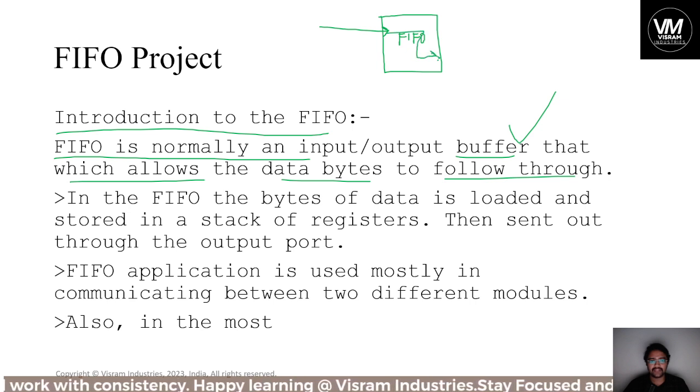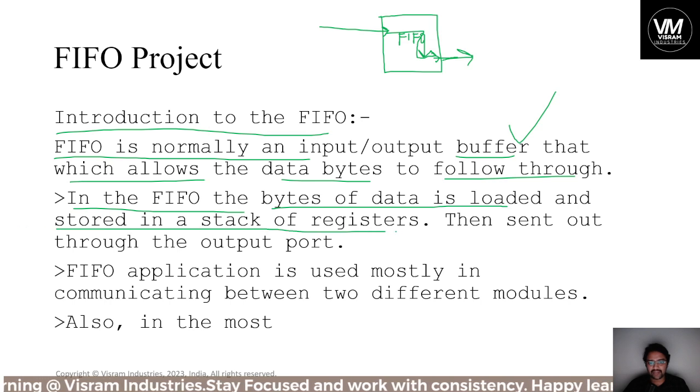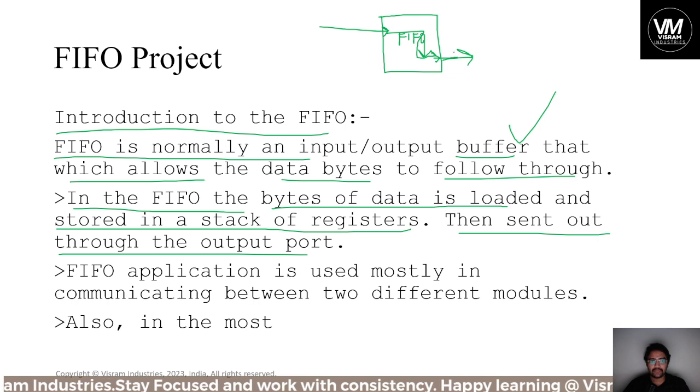It has a stack of registers, it flows through them and comes out of the FIFO. The bytes of data are loaded and stored in a stack of registers, then sent out through the output port.